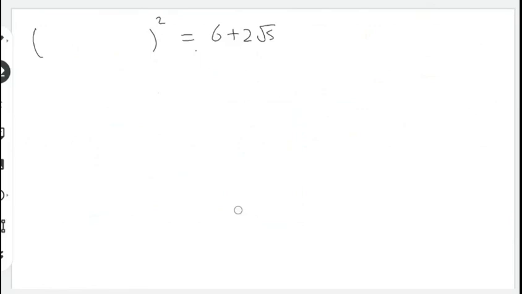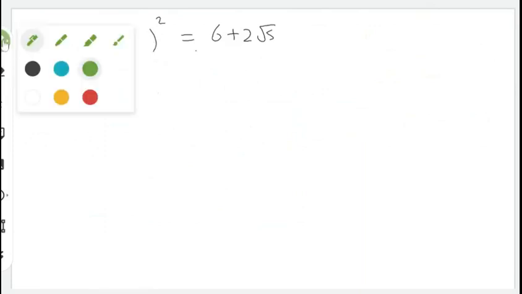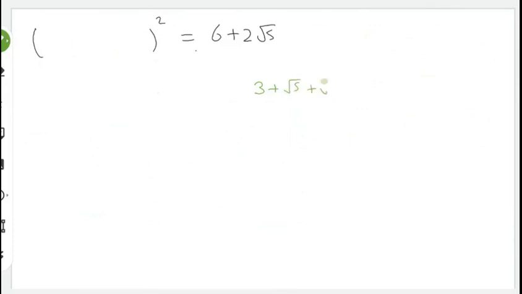So you tried to work it backwards by going 3 add square root of 5 times square root of 5 add 3. Oh, I see. And then you said the start of it would be square root of 3. But possible.